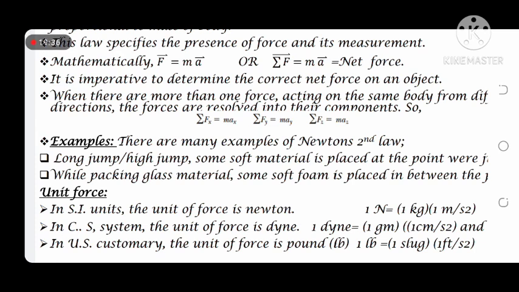When an athlete runs and jumps from a bar or a long jump, where the jumper has to fall, some soft material is placed there because force is acting on the jumper and acceleration is produced. If soft material is not placed, the jumper can get hurt.